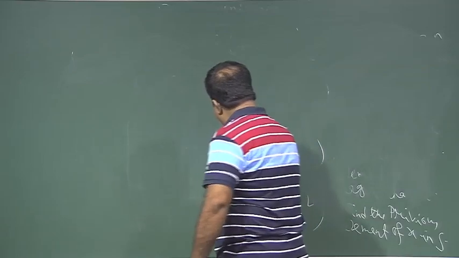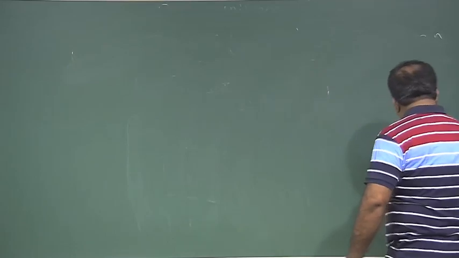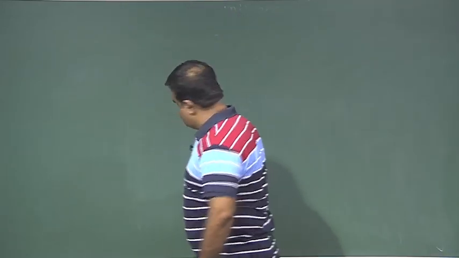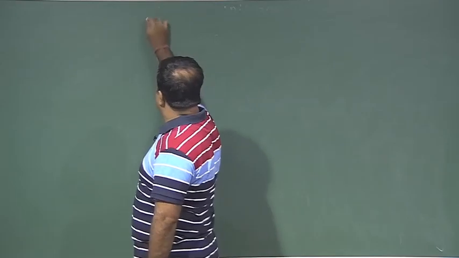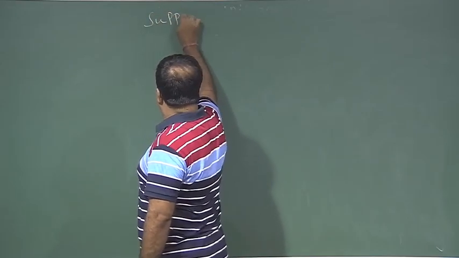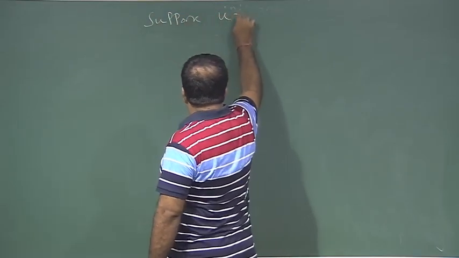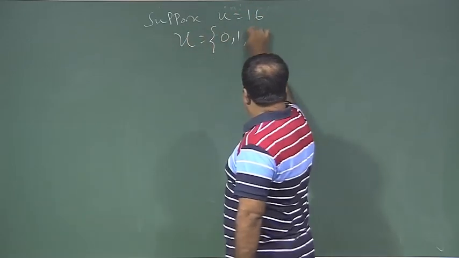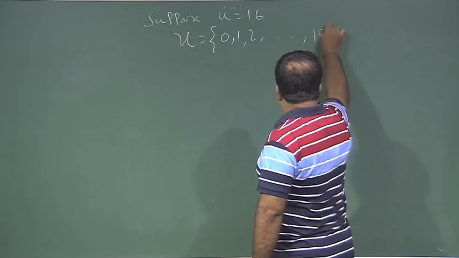Suppose our universe is 0 to 15, so our small u is 16, that means our universe is 0, 1, 2 up to 15.